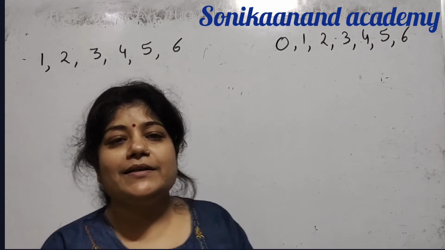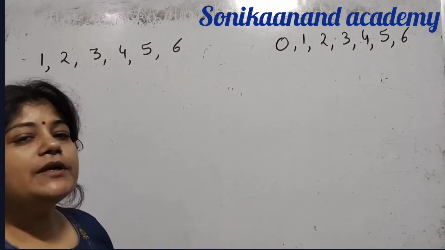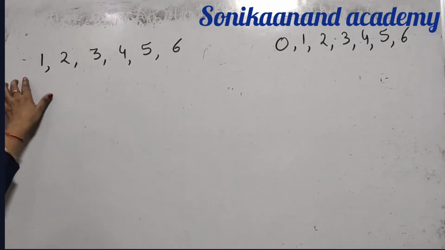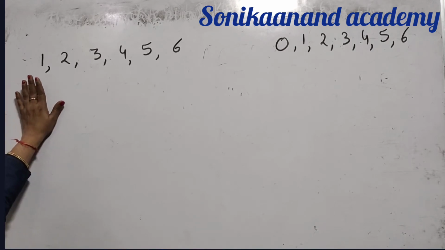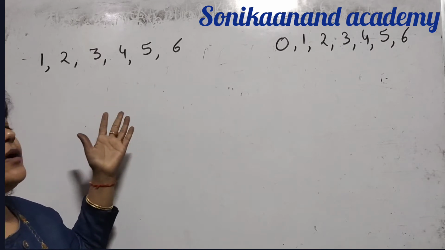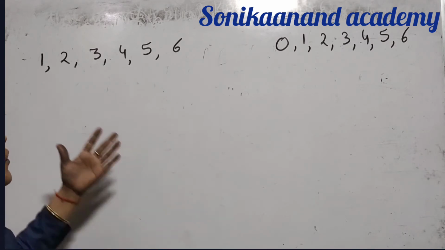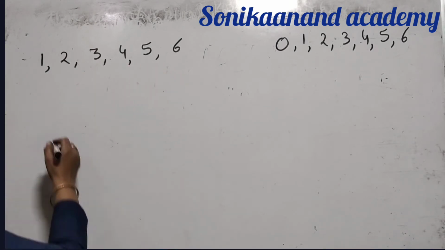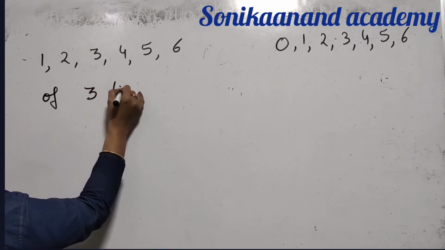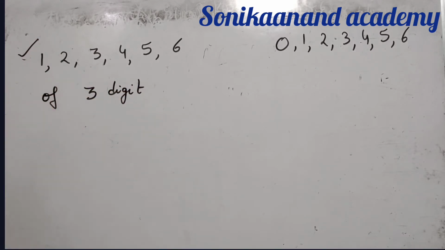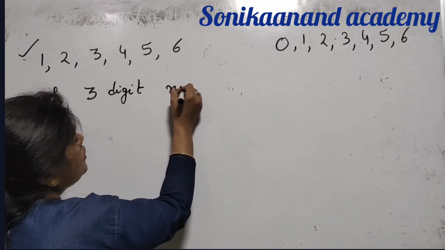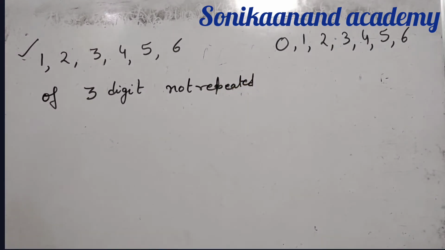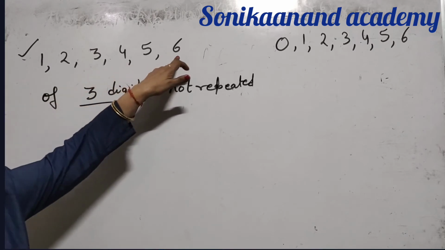Now there is another type of question pattern, and generally you get a little bit confused. There are two types of questions. Firstly, listen. If these digits are given to us and we have to find how many arrangements can be done, what is the number of permutations? In this case, we have to make a 3-digit number using these digits, and digits are not repeated.